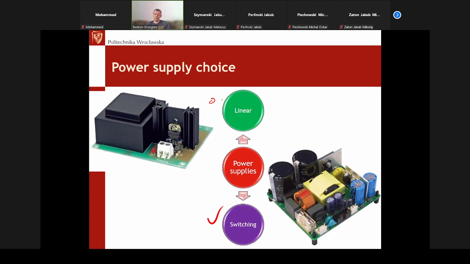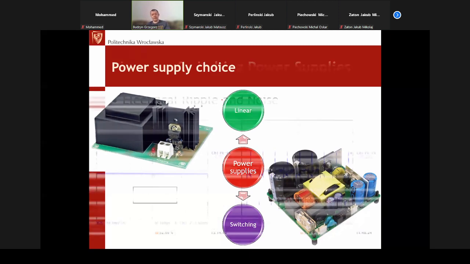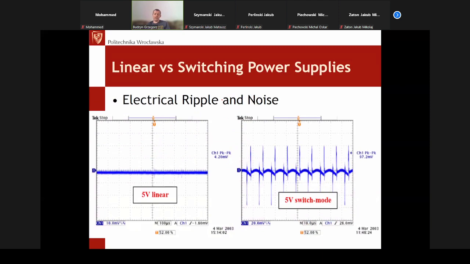You can short them, you can overload them, they will simply switch off. But still, switching regulators are much easier to break than the linear ones. So again, summing up, switching is better in general, but it's more complex. So for simple applications, the linears have an edge over them, as well with the ripple and noise generated.